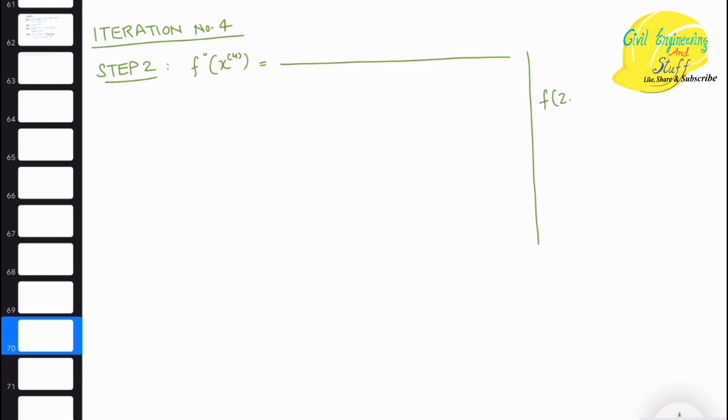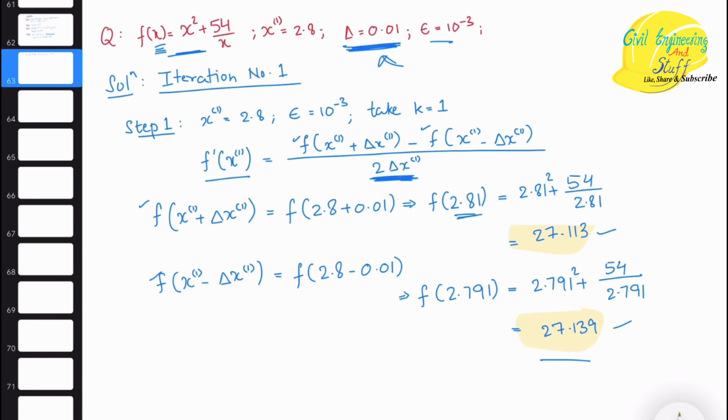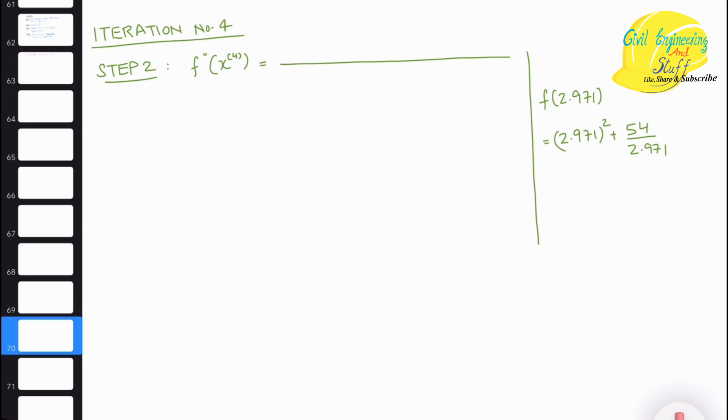F of 2.971 is equal to 2.971 whole square plus 54 by 2.971. This is our initial equation, right? We have just put the values. On solving it, you will observe the value to be 27.003.